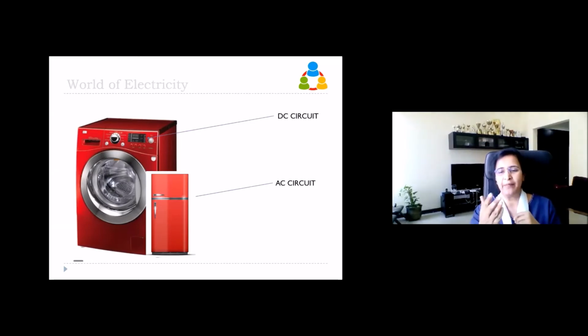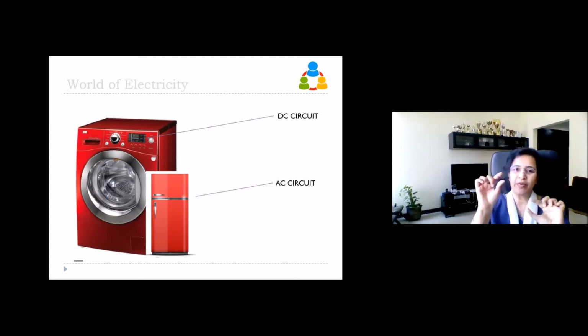That's why our laptop and computer also work on DC current. But the washing machine itself, because it is a rotating machine, needs more power, and because of that an AC circuit is used. If you plug it in, there will be a small circuit which converts it into DC, which it gives to this panel.